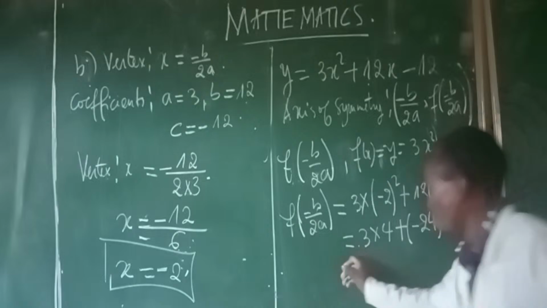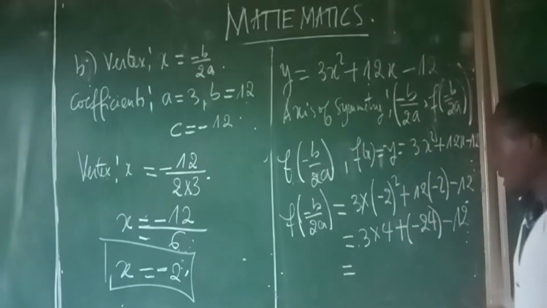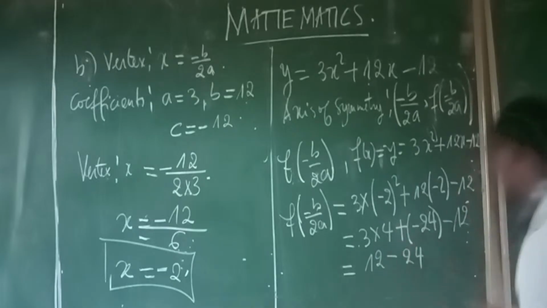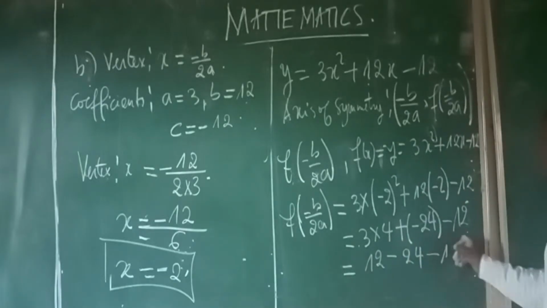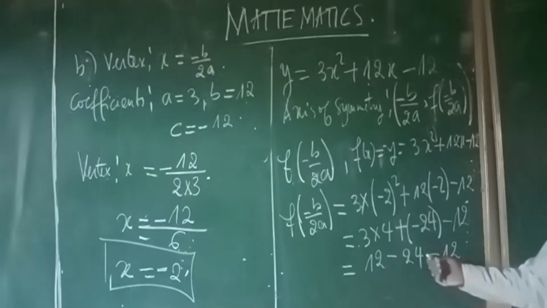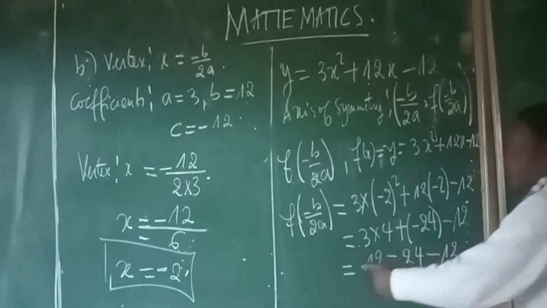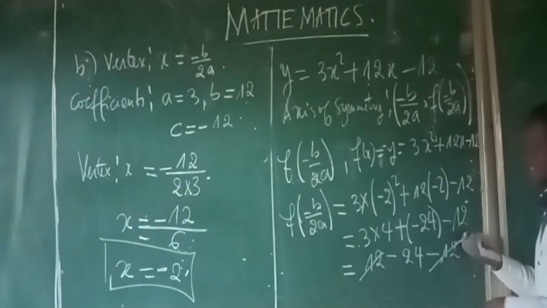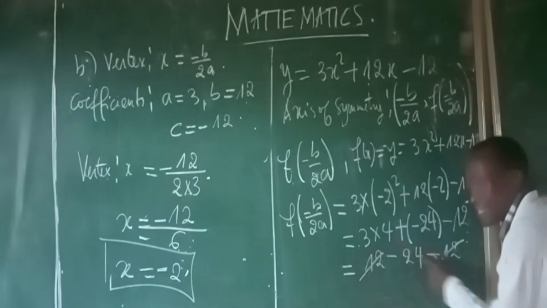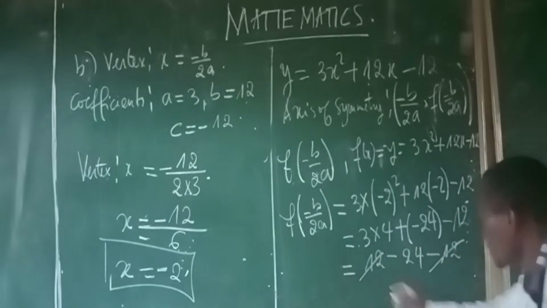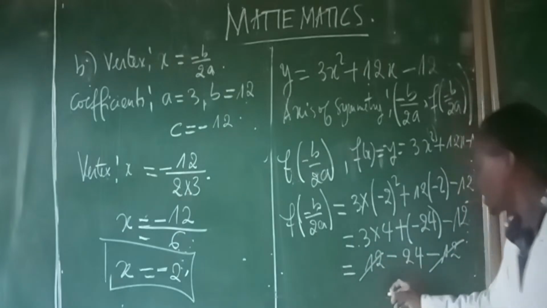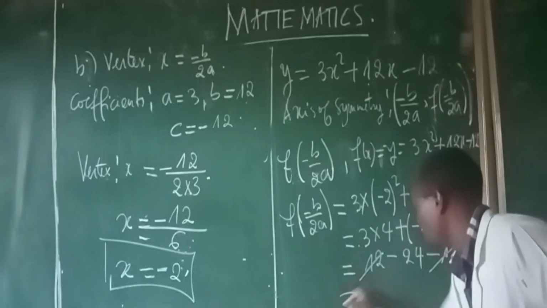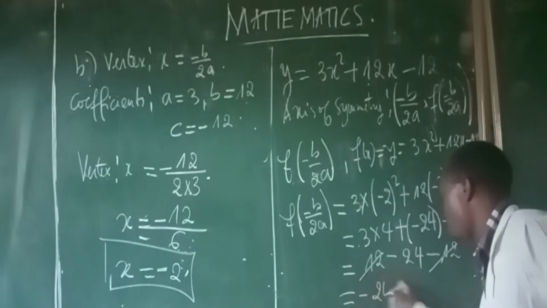So now the next step: we have 12 minus 24 minus 12. You see here on this 12 you have minus 12, here you have plus 12. You have to cancel the similar numbers with different signs. Then we remain with minus 24.